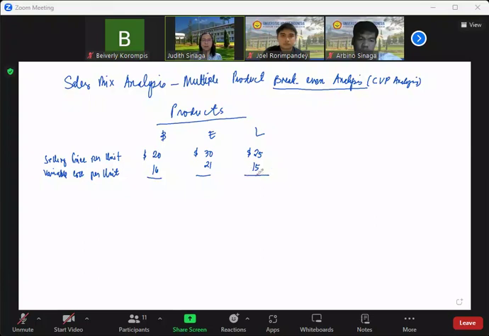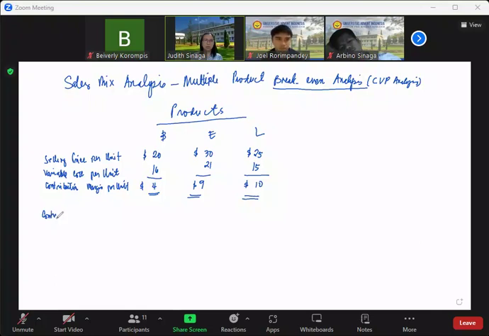Okay. You have now contribution margin per unit. You have of course 4, you have 9, and you have 10. Okay. Boleh ambil contribution margin ratio-nya?